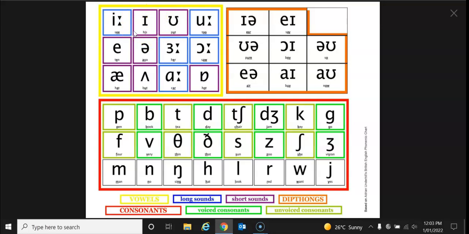So we'll go through these one by one to get an idea of the sounds. This first one here is E, E as in see. I is the next one, I as in his.